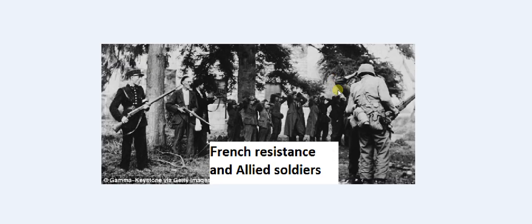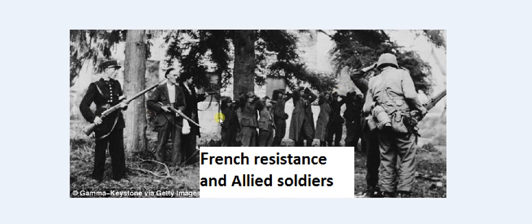What you see are German soldiers who have surrendered. Over here, these are French resistance fighters from the underground, and this guy is an Allied soldier. So you see the French resistance fighters fighting alongside the Allied soldiers against the Germans.